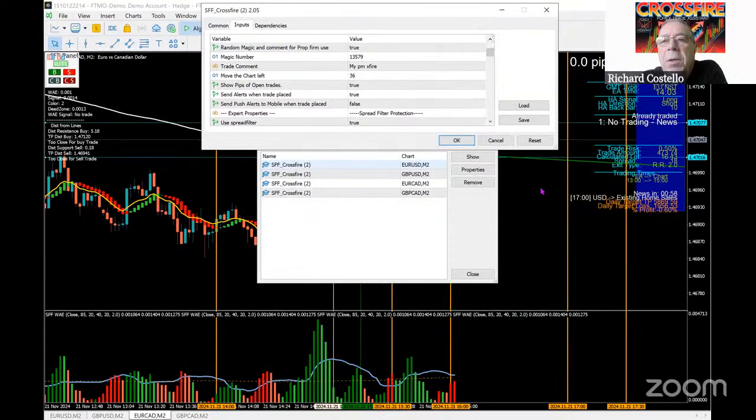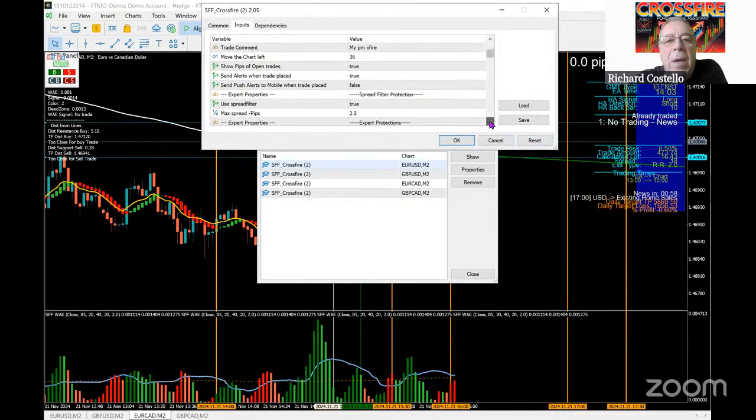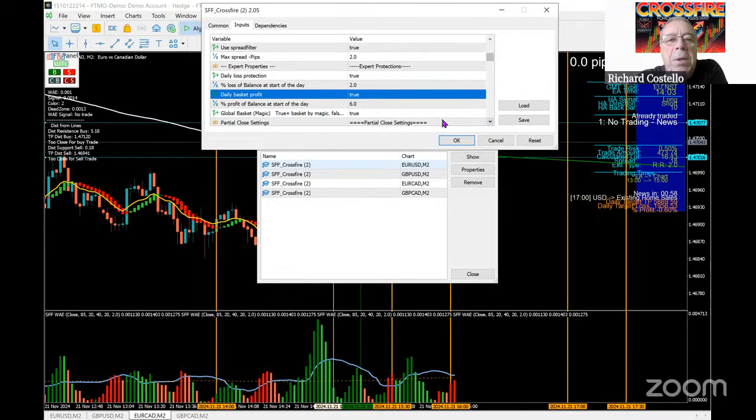These 4 pairs that we're looking at this afternoon have all got the same magic number, but they've got a different magic number to my morning pairs. So it calculates these 4 pairs only, and it lumps them together in one basket, and it keeps me safe. It means that I only lose 2% in a day on these 4 pairs.